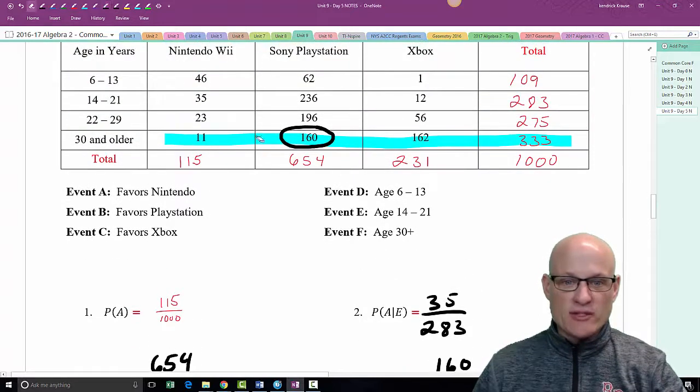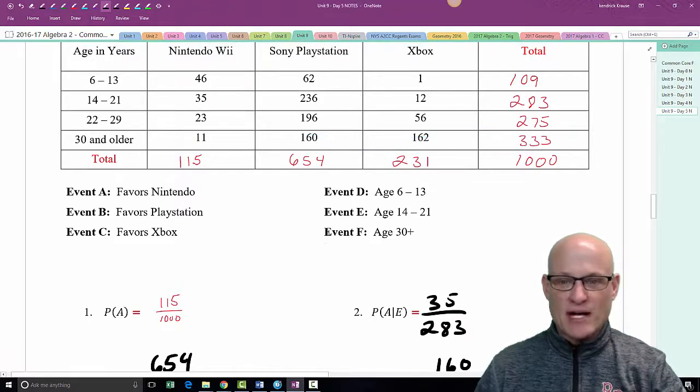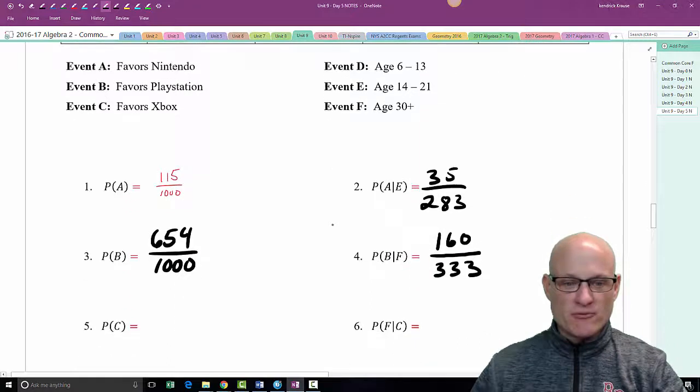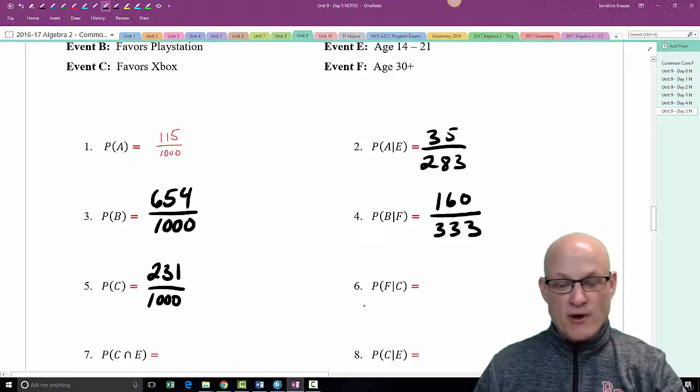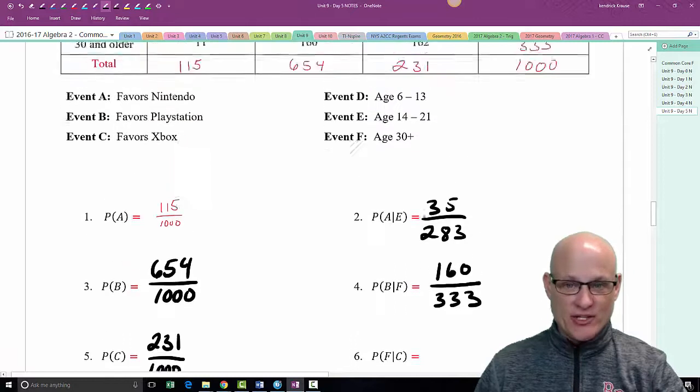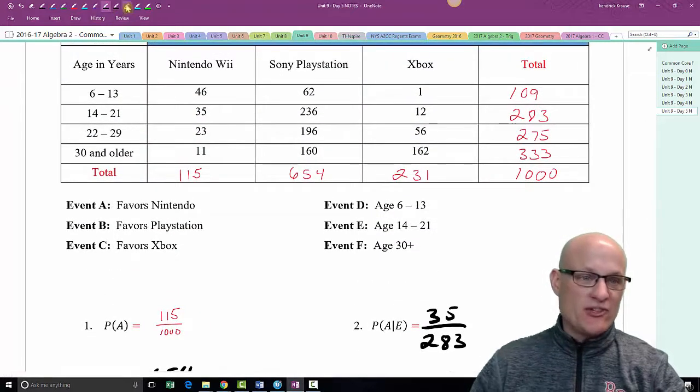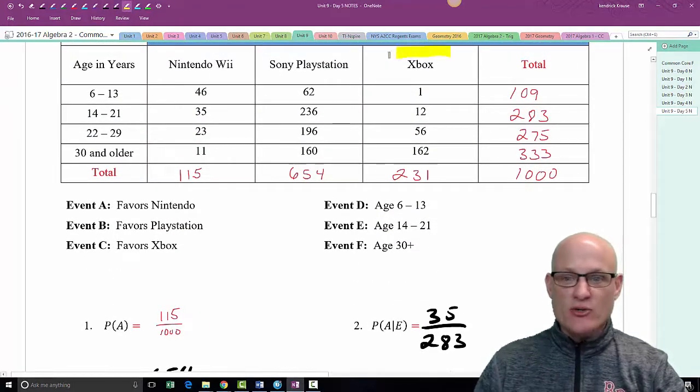Probability of C. What is C? C is favors Xbox. 231 favor Xbox over 1,000. What is the probability of F given that we're in C? So my universe is C. C is my new universe.